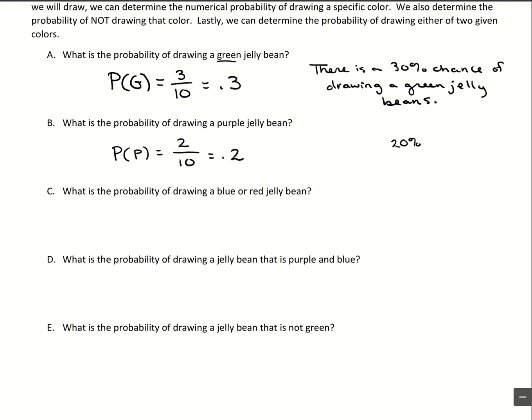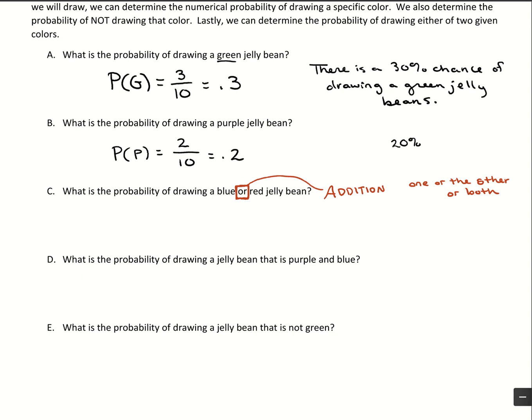What is the probability of drawing a blue or red jelly bean? Now, this word or is going to be very important in our calculations. And when you see the word or, you want to think addition. And in the next video, we're going to go into a lot more detail with this. But in terms of statistics, or brings through addition because we're looking at one or the other or both.